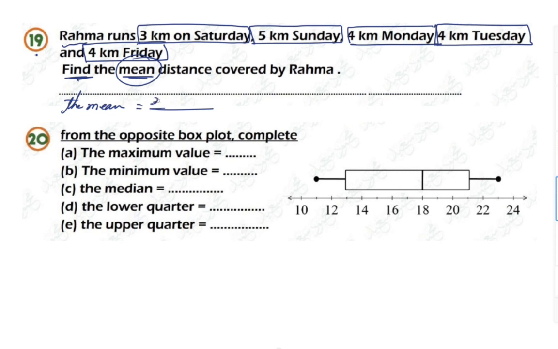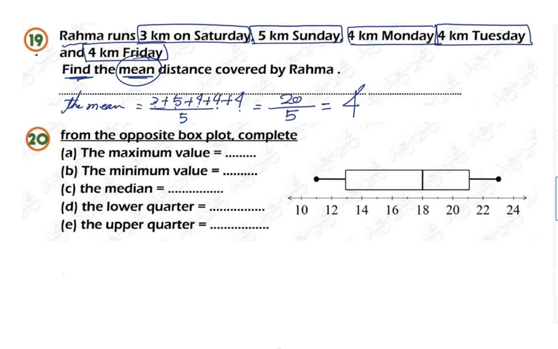So we have 3 plus 5 plus 2, 4, and again 4. Divided by what? Count them. 1, 2, 3, 4, 5. Divided by 5. That equals 3 plus 5 equals 8. 8 plus 4, 12, plus 4, 16, plus 4, that equals 20 over 5. 20 over 5 equals what?